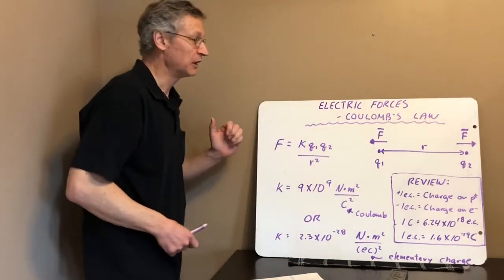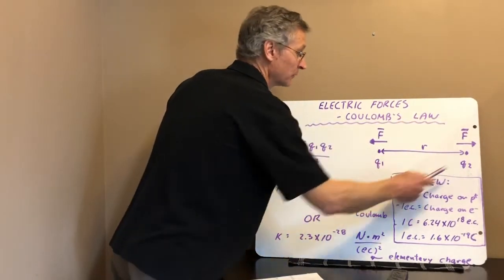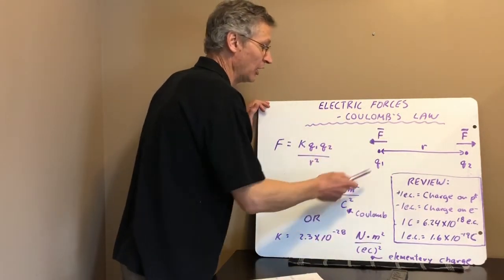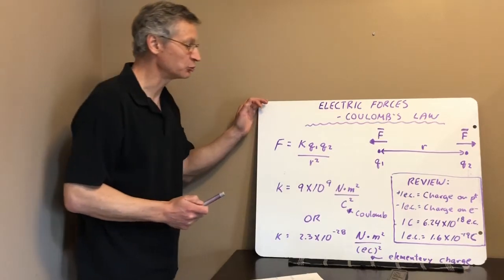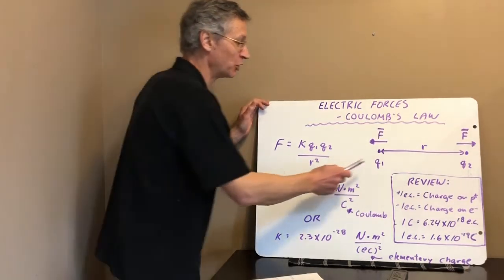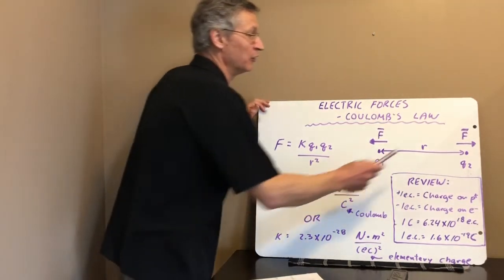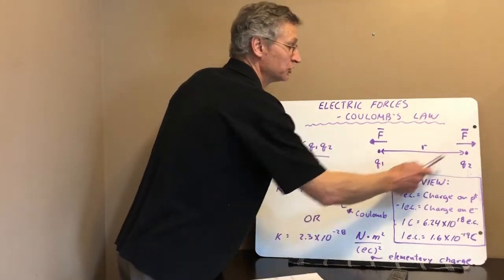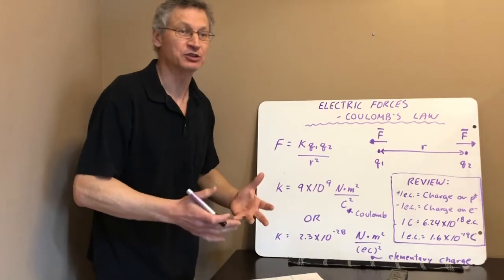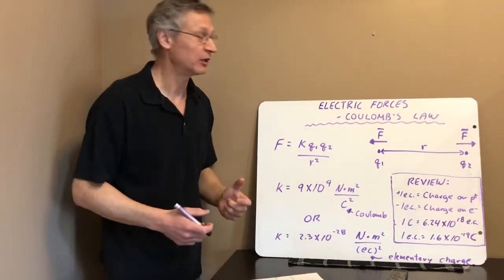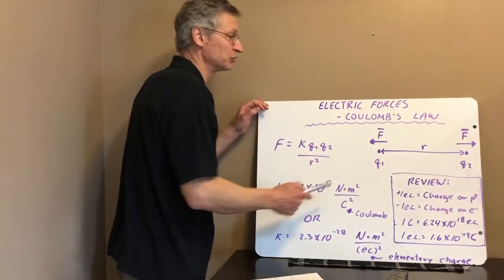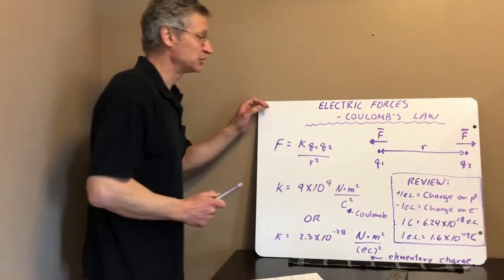Charge 2 exerts a force F on charge 1, and charge 1 exerts the same force but opposite in direction on charge 2. Very nice of these charges. They follow, just like everything else in this universe, Newton's third law: for every action force, there is an equal and opposite reaction force.